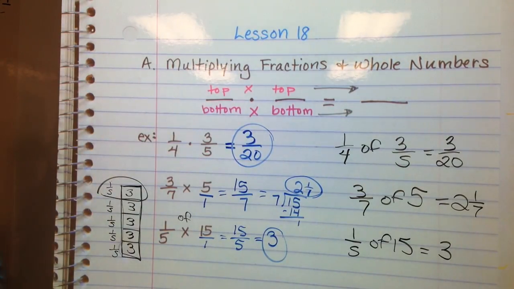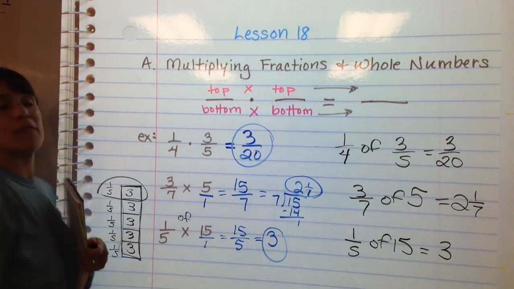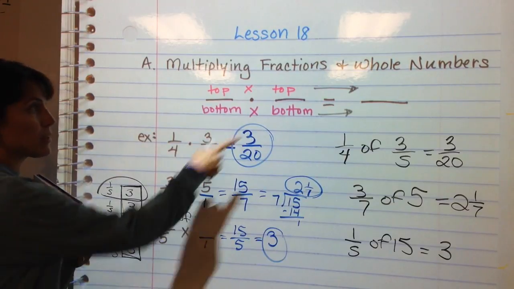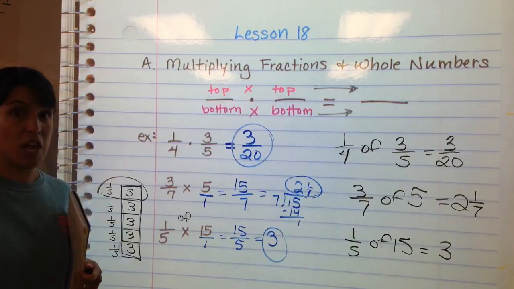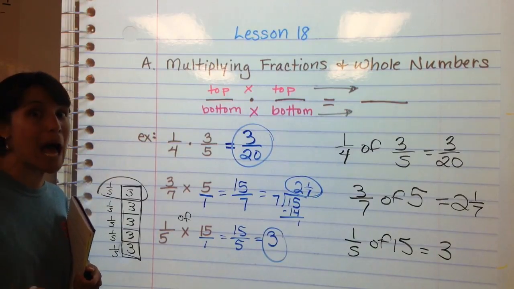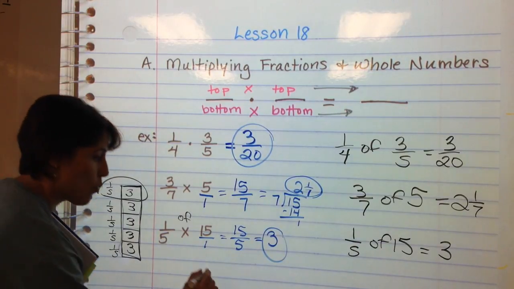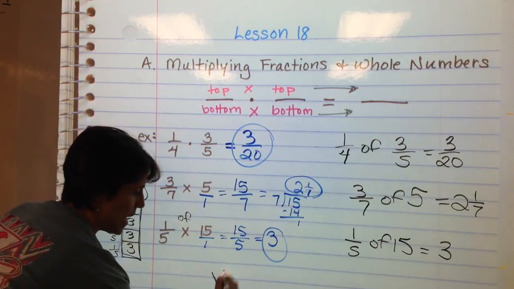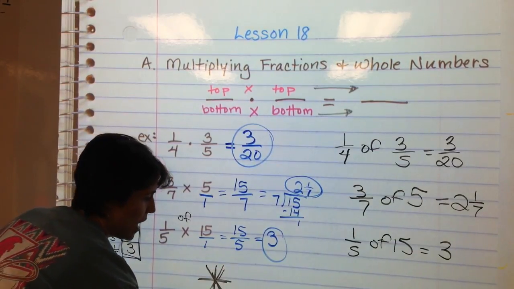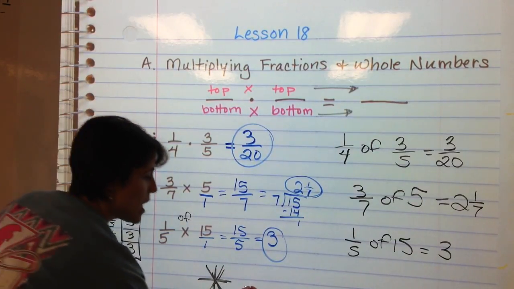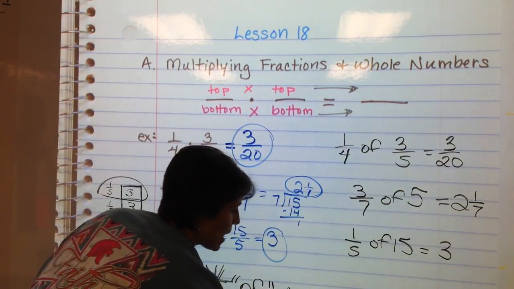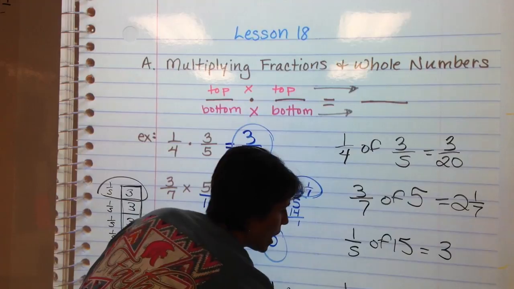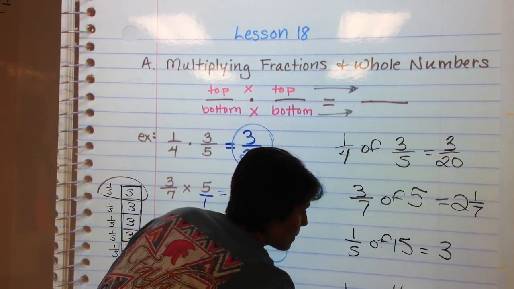So the point I'm trying to make here on this very easy lesson of multiplying fractions and whole numbers, the reason we added that in there, is because in mathematics, the word of means to multiply. Write that down here as big as you can. Star it. In mathematics, the word of means to, you got it, multiply.